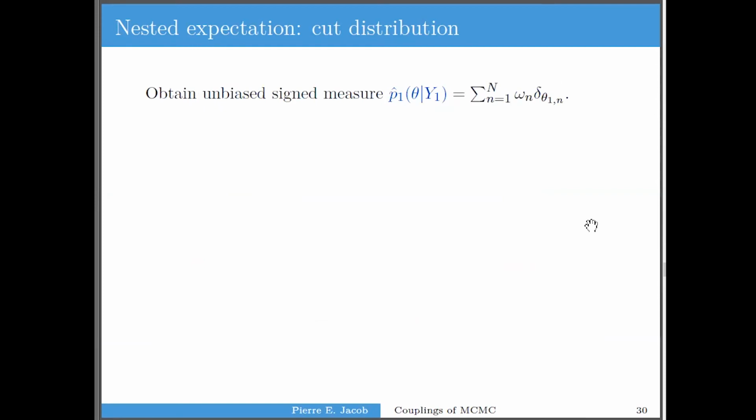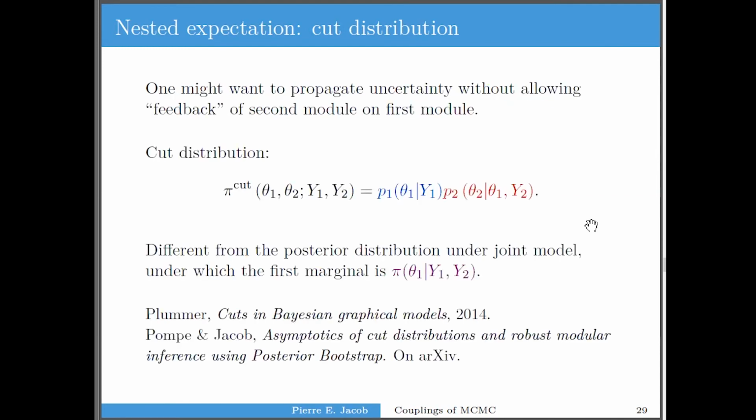This signed measure business arises because if you want to estimate the cut, I should go back and ask, how would you do MCMC on that? It's not so obvious, in particular because the second posterior has a normalizing constant that depends on θ1 and that you typically don't know how to evaluate. So what you could do is MCMC on the first model, sampling from the first posterior.